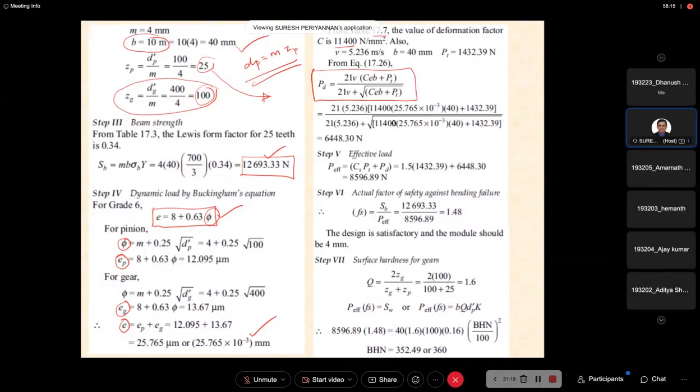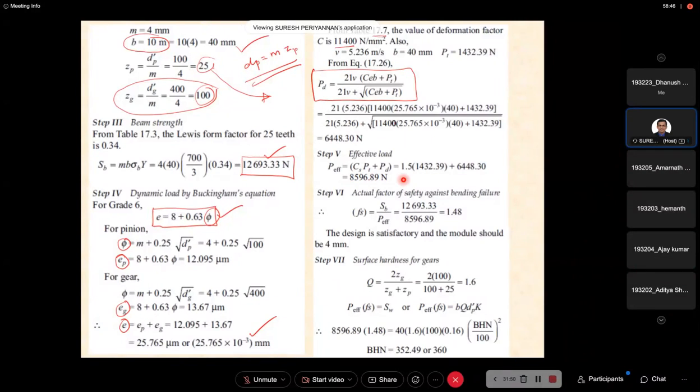The deformation factor is 11,400 Newton per mm square. Now we know the e value. For the dynamic load, we know the pitch line velocity, deformation factor, the error, face width, and Pt. We know everything now. Substitute here, and finally we get Pd, the dynamic load, as 6,448 Newton.